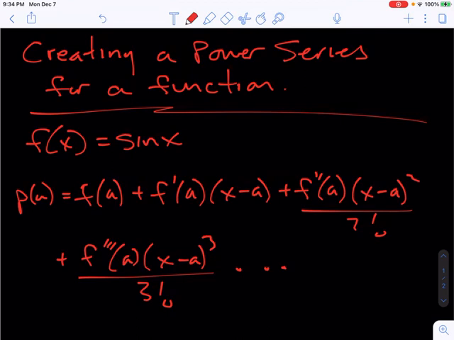And so this is what is called a Taylor polynomial.